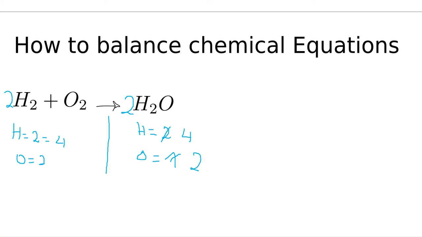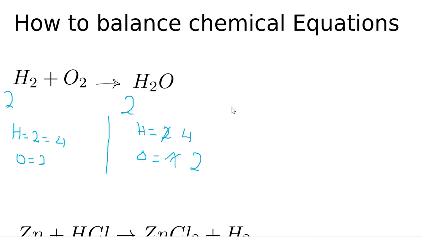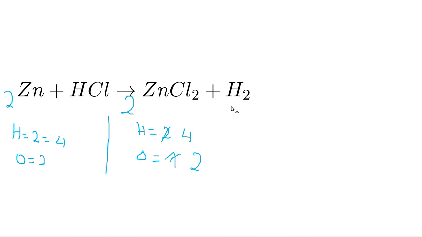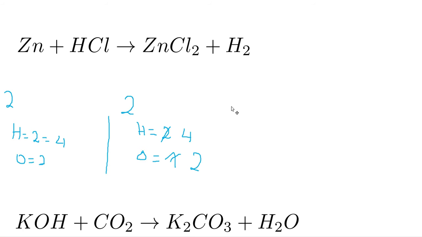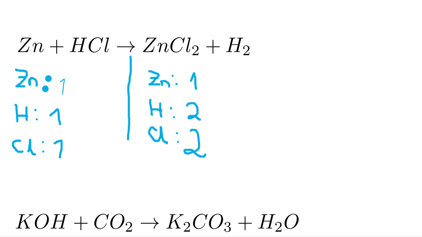Now let's look at another example. We have this equation here. I cleaned this a bit. When we look at this equation, we can see that on the left hand side, or the reactant side, we have zinc to be 1, hydrogen to be 1, chlorine or chloride to be 1.